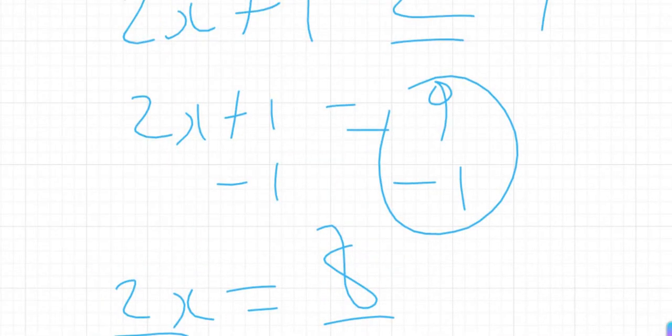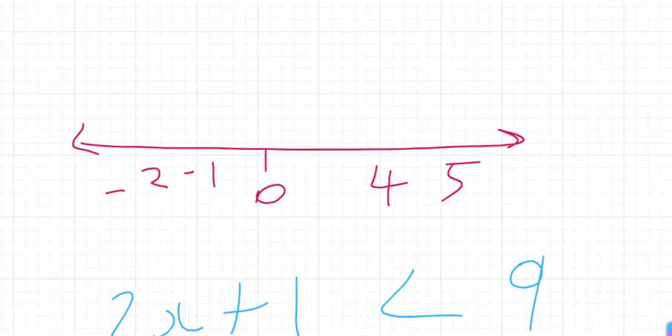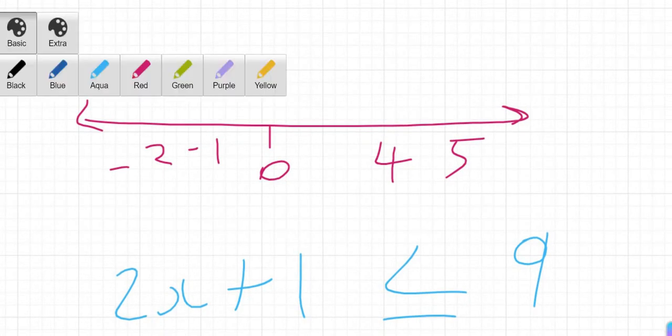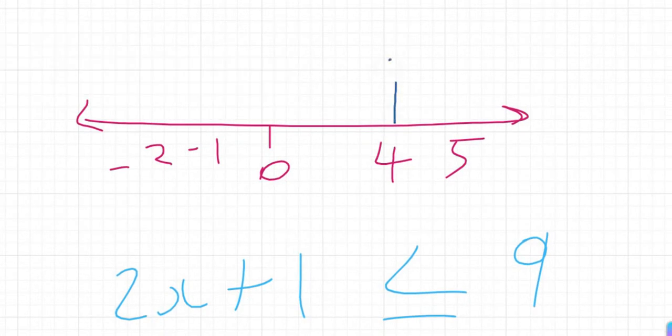Since it is equal, it will do something different from the first time: we shade the circle if it is equal. And it is said to be less than, so it is heading in this direction. We could choose any number from 4 and below to see if it is right.